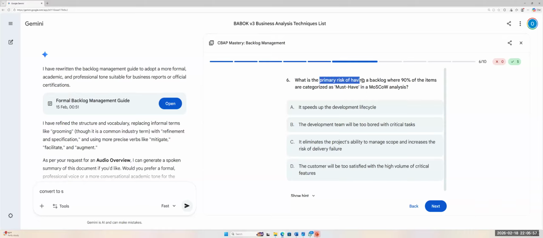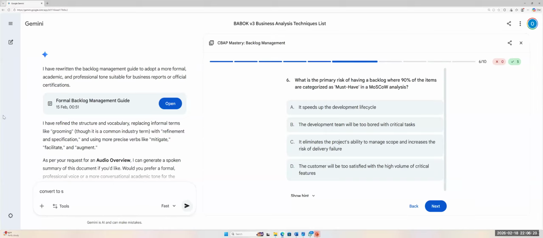What's the primary risk of having a backlog where 90% of the items are categorized using this prioritization framework? Everything must have, must have, must have. As we used to say, everything is priority one. So what's the risk?